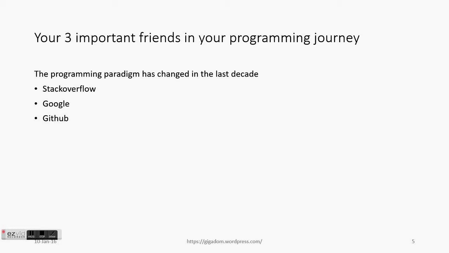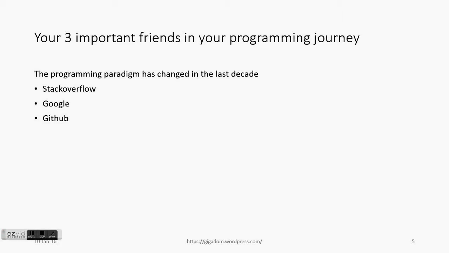In addition, you have sites like Stack Overflow, in which almost all types of questions have been asked in almost all languages, and you're very likely to find the answer to a question or type of programming construct on Stack Overflow. And a third important friend you would need to make while programming is GitHub.